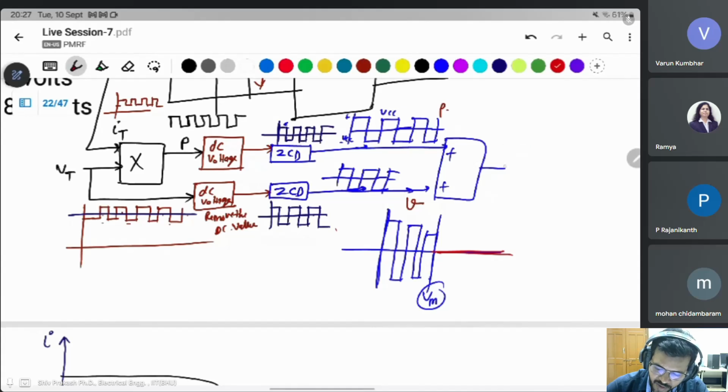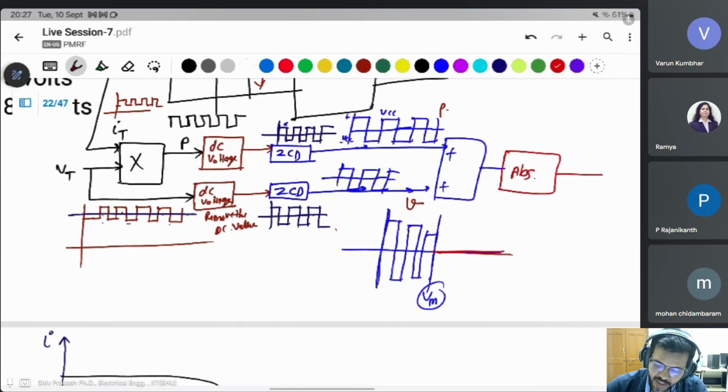Then the same thing passes through the absolute value. After passing through the absolute value, it may be a positive or a negative signal.